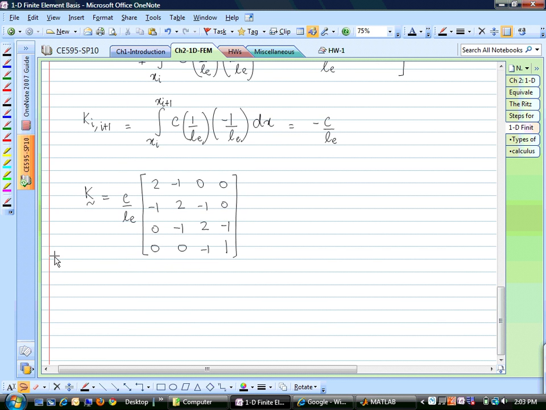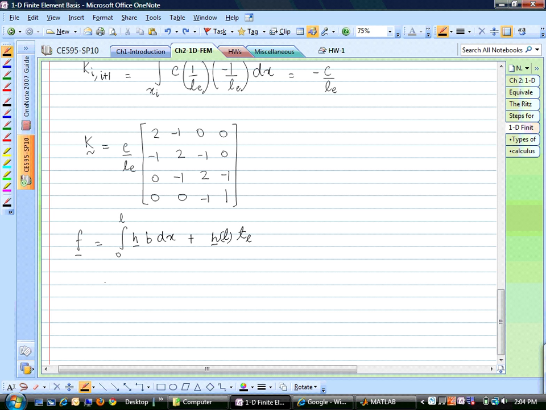So now that we've found this stiffness matrix, we also need to find F, the load vector, which is the integral from 0 to L of H vector times the body force, dx, plus H vector evaluated at L and traction at L.